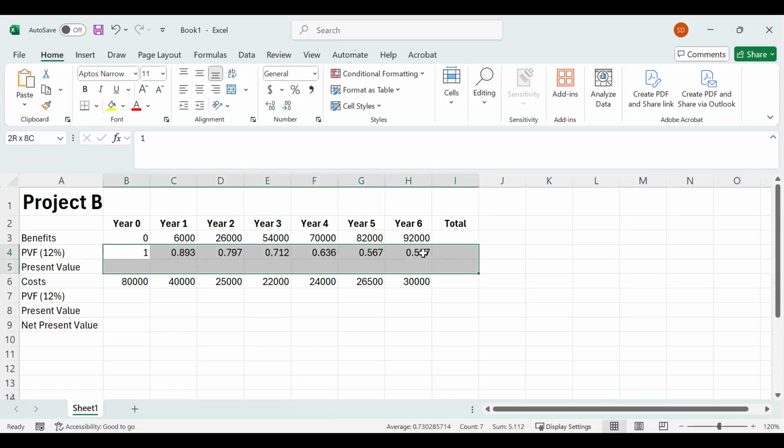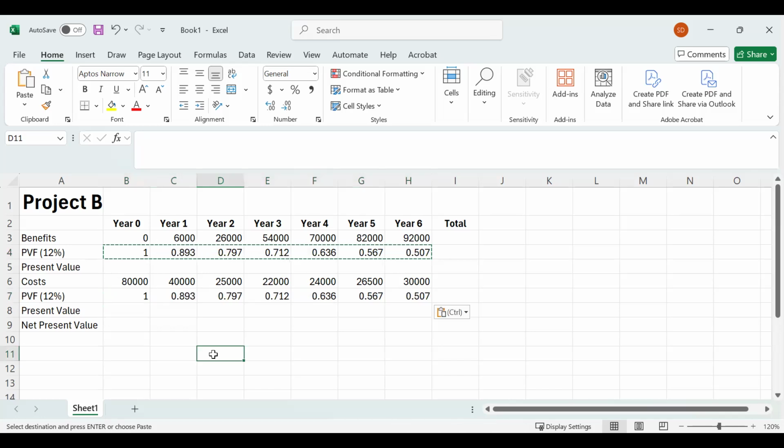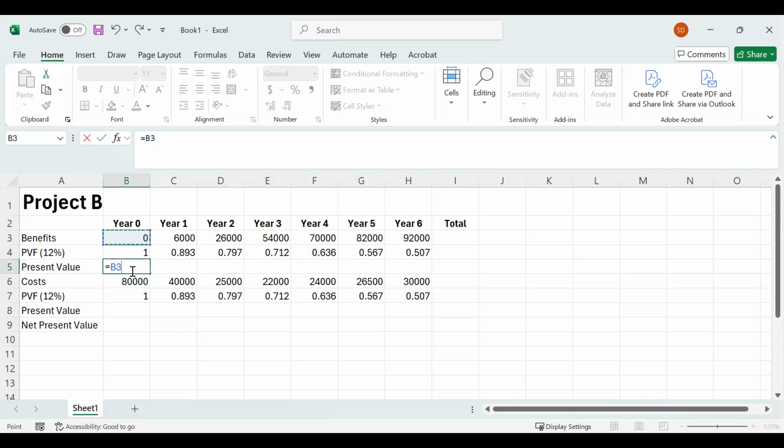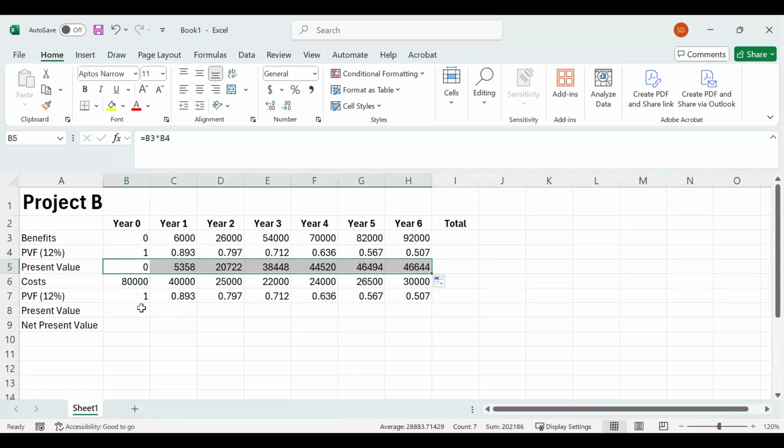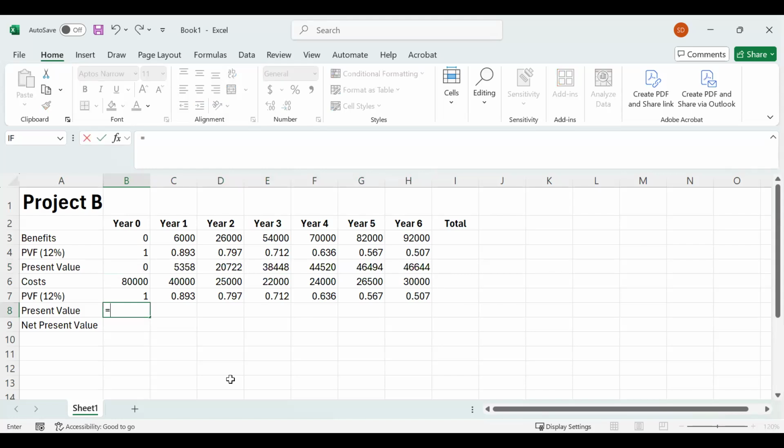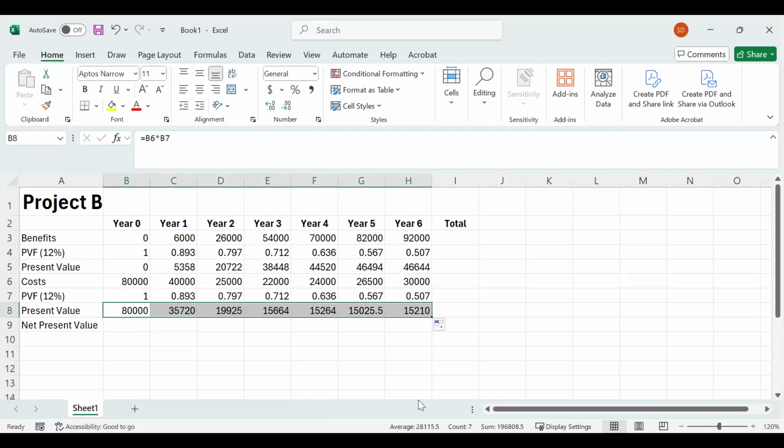The same values you can paste here, Control V. Now what you need to do is multiply this with whatever you have down. When you copy it, you will get this. Similarly, you multiply with the second one, and this is what we are getting.